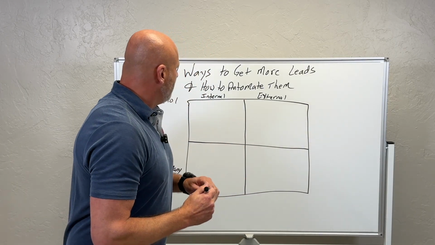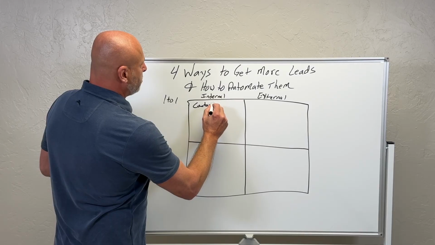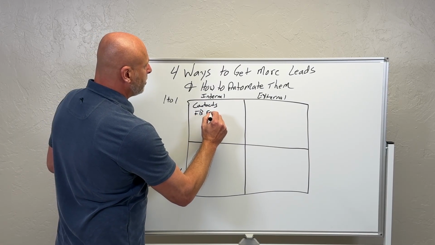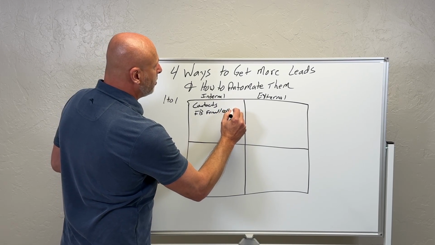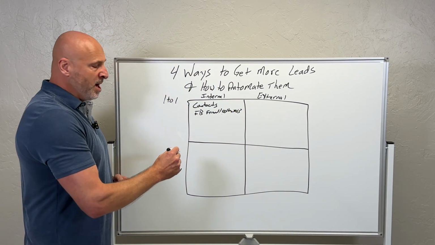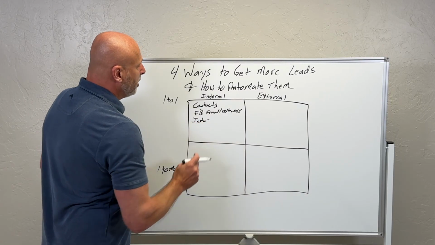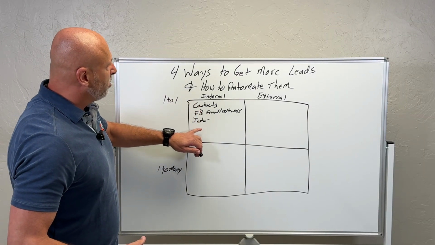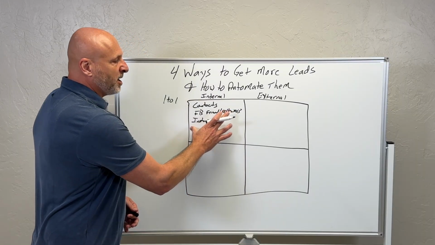So they're in your phone book, your contacts, Facebook friends, followers, your Instagram followers, and so on and so forth. These would be all of your internal contacts. They're the ones that, like I said, you have a direct connection with.